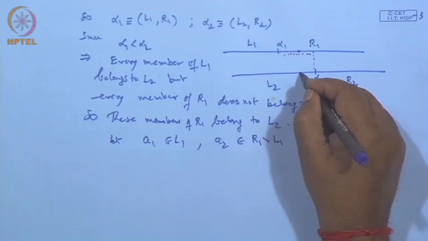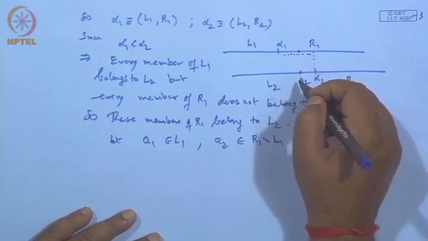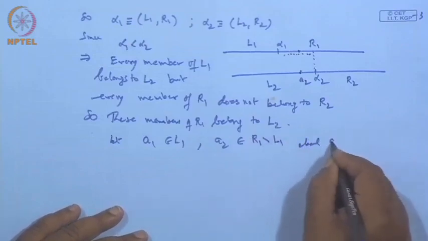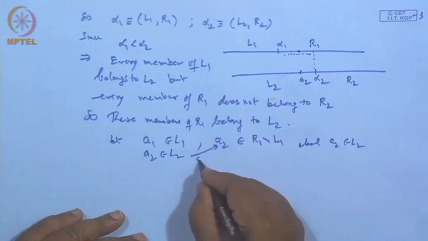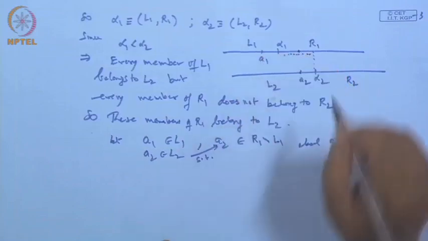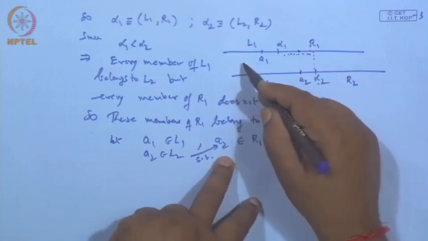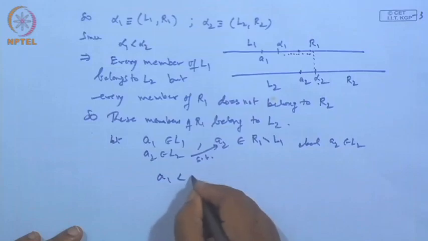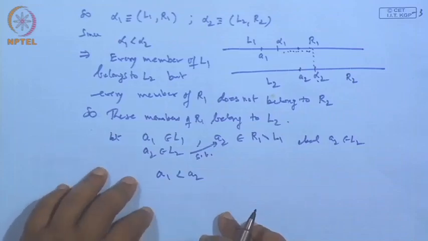This is the point A 2, which is clearly in L 2, or A 2 belongs to L 2, such that, let us take this, A 1 is in alpha 1, here is A 1, A 2 I am taking in L 2, which is in R 1, but not in R 2. So clearly A 1 is less than A 2, okay.